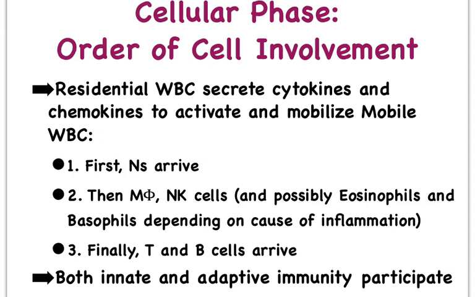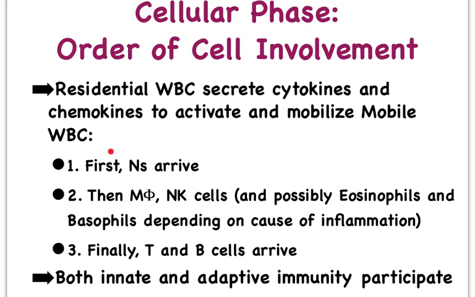And so those residential white blood cells are going to start secreting all kinds of inflammatory chemicals. Some of them are cytokines and chemokines, and we'll learn in more detail what they are. And then once these residential white blood cells are doing their job, with the help of these chemokines, they can attract other white blood cells.